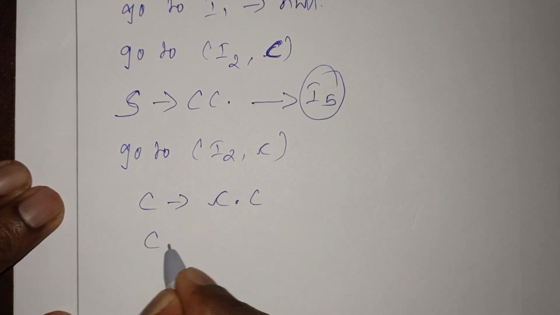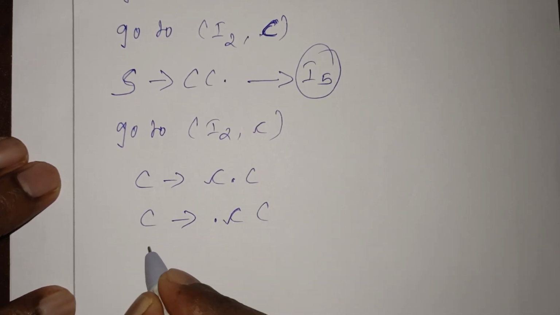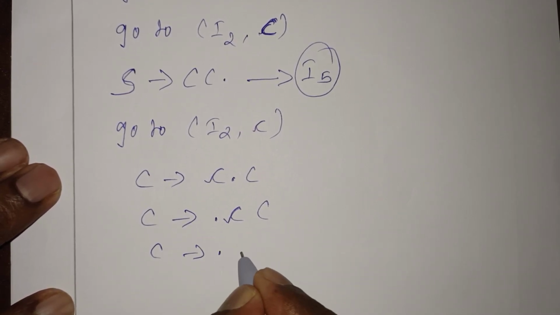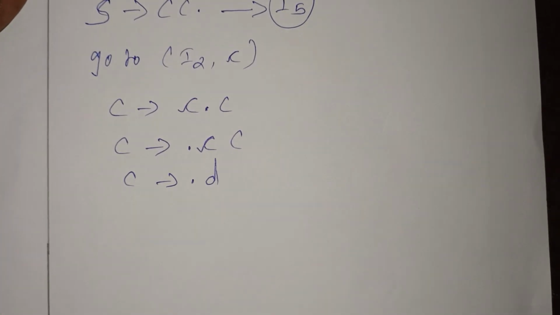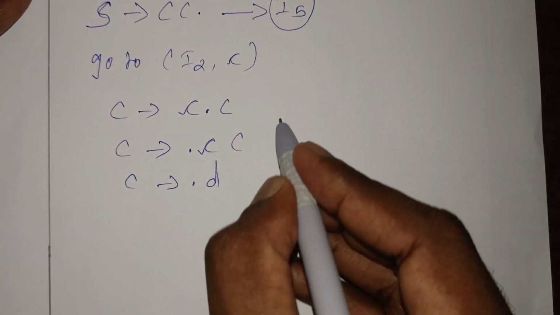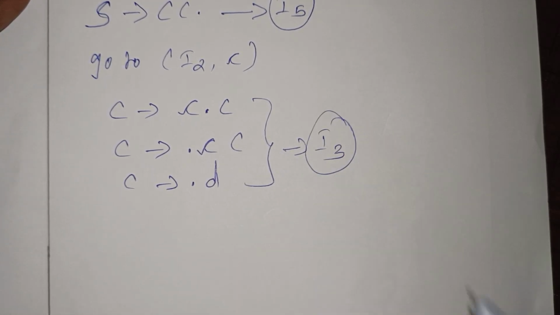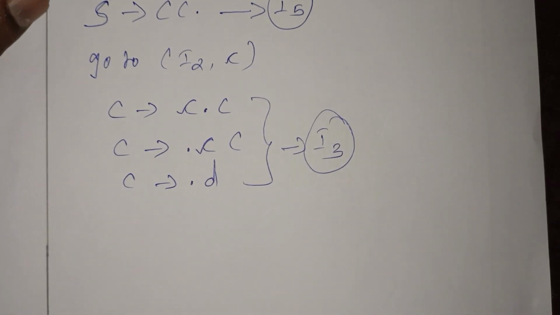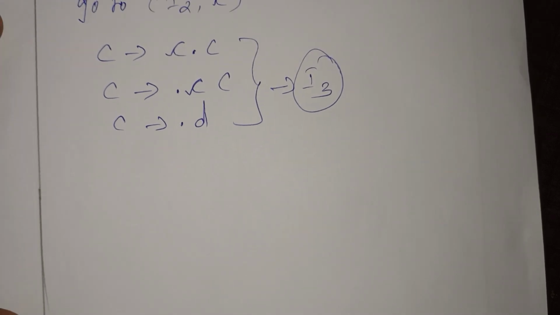So I am doing the same way: C tends to small c capital C and C tends to dot. This is not a new iteration because we got the same iteration, number 3. If you got the same iteration, kindly use that iteration number. Whichever iteration number previously exists, you can take that number and use it.